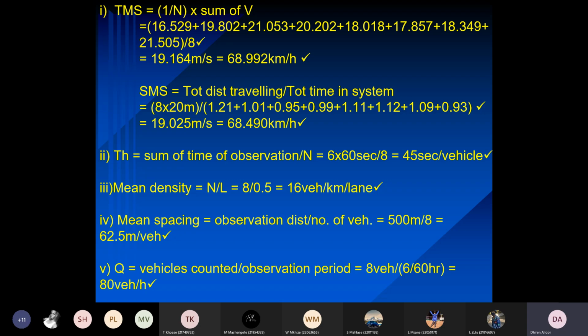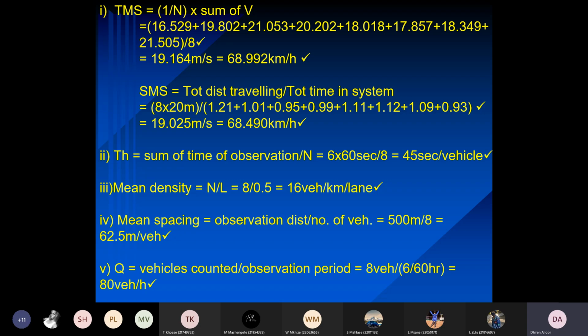So your observation in meters, half a kilometer, which is 500 meters, divided by the number of vehicles, 8, gives you 62.5 meters per vehicle. So that's your mean spacing. The front bumper of one vehicle to the front bumper of the next, leading vehicle, is on average 62.5 meters.